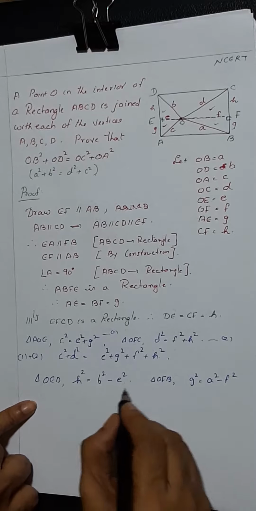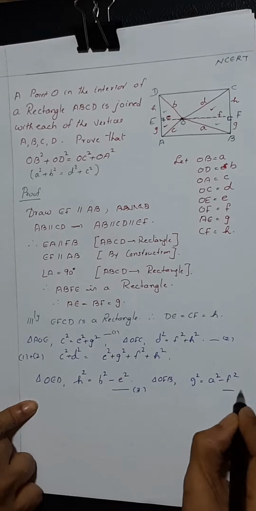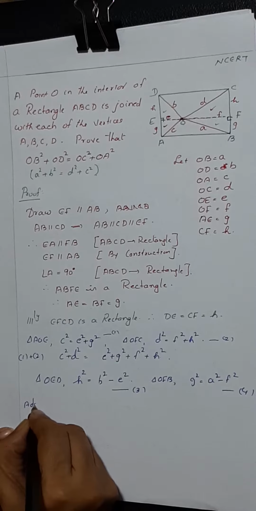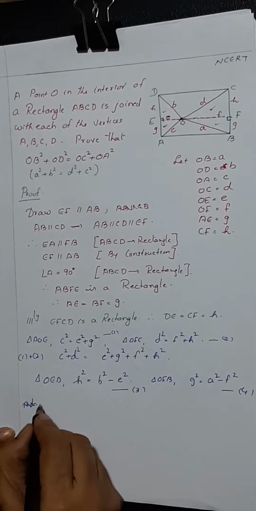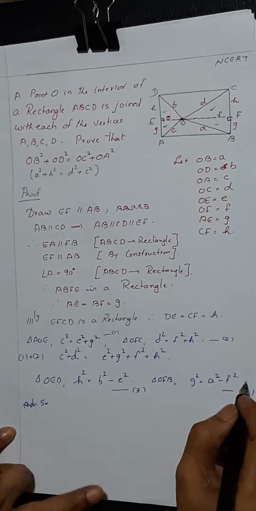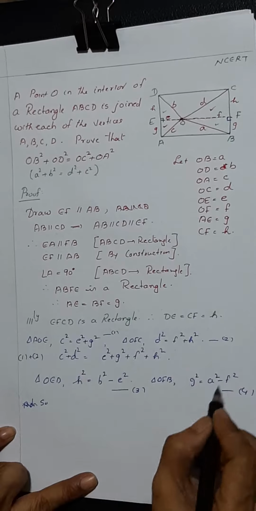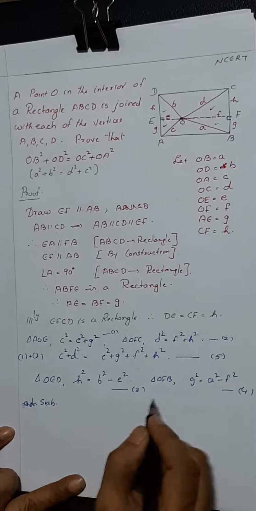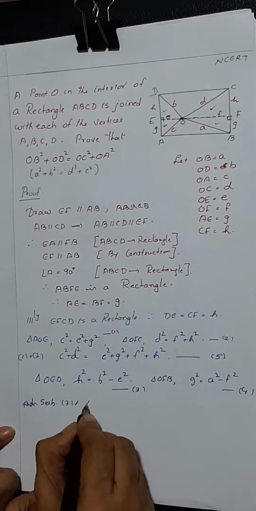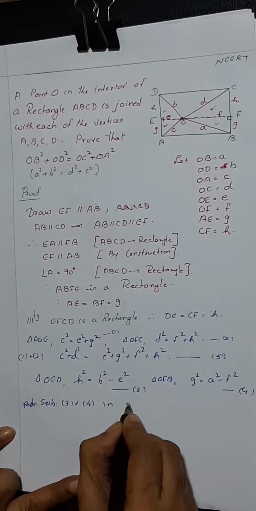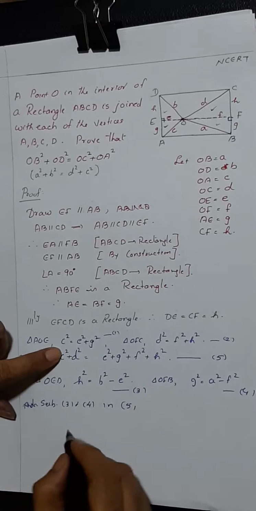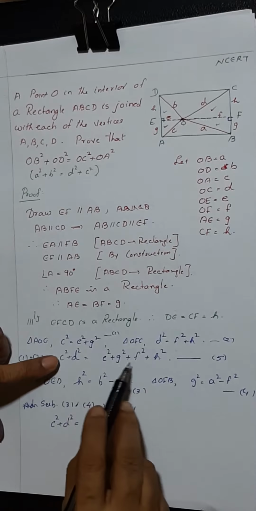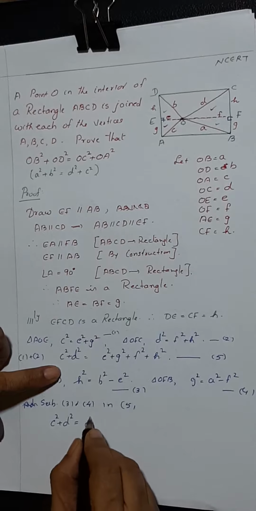Now we will add these 3 and 4, substituting into 1, 2, 3, 4, let this be 5. Substituting 3 and 4 in equation 5. So C squared plus D squared is equal to, now E squared is like that.